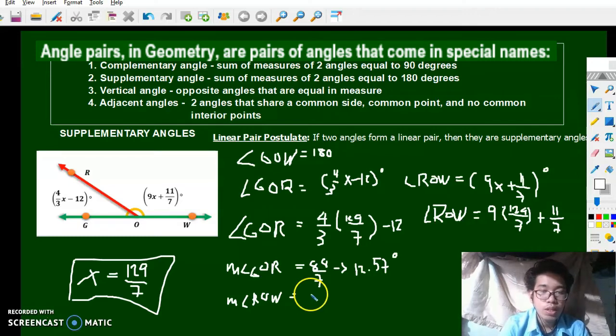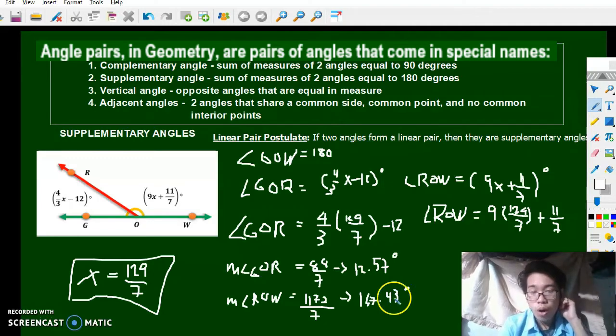Our answer is going to be 1172 over 7, and if you transform that into a decimal, you're going to get 167.43 degrees. So the measurement of angle GOR is equal to 12.57 degrees.